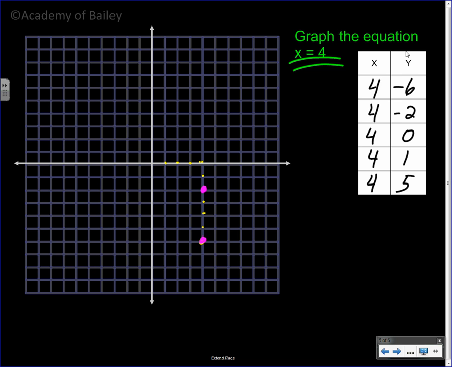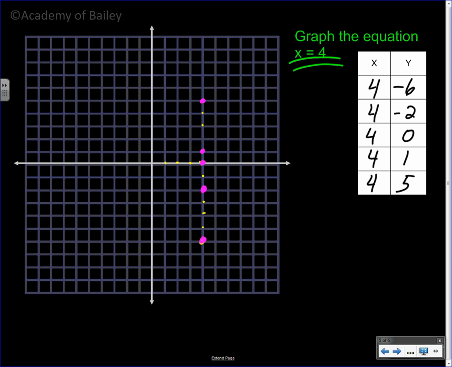The third point is 4, 0. You go to the right 4. The fourth point is 4, 1, so that means to the right 4 and up 1. And then the last point is 4, 5, to the right 4 and up 1, 2, 3, 4, 5.